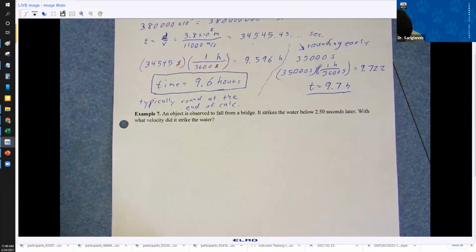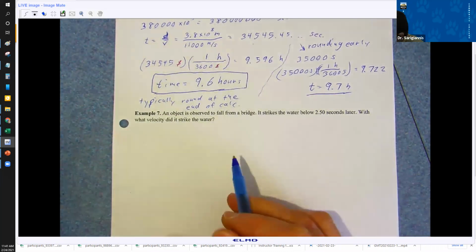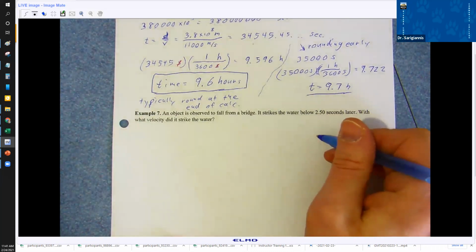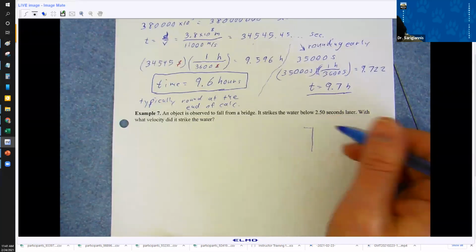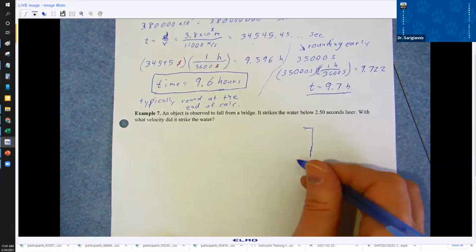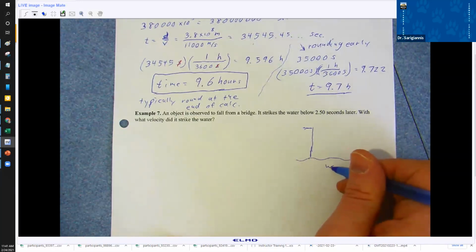Now we have an object that is observed to fall from a bridge. It strikes the water below 2.5 seconds later. With what velocity did it strike the water? I felt like I was forgetting something. All right, so let's draw, I don't know, this is the side of the bridge. And there's water down here. Water.